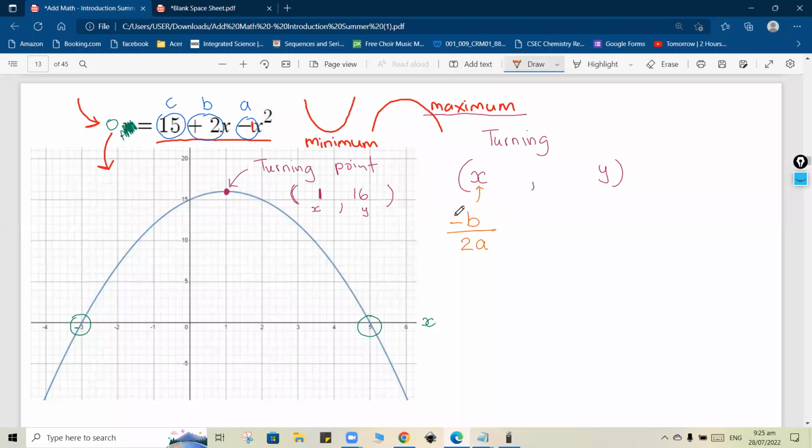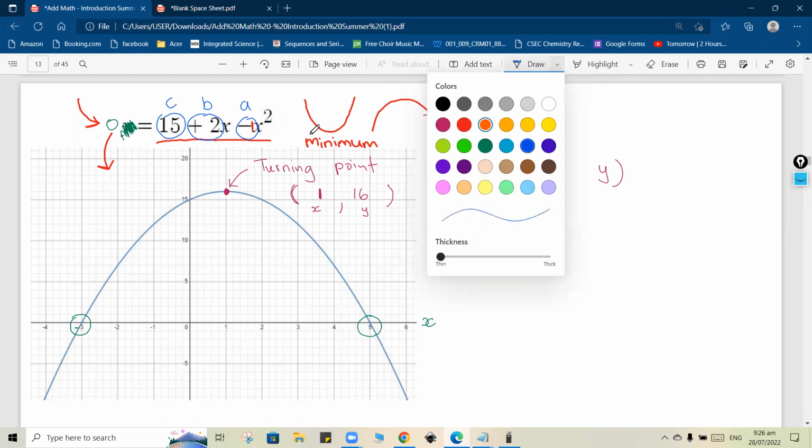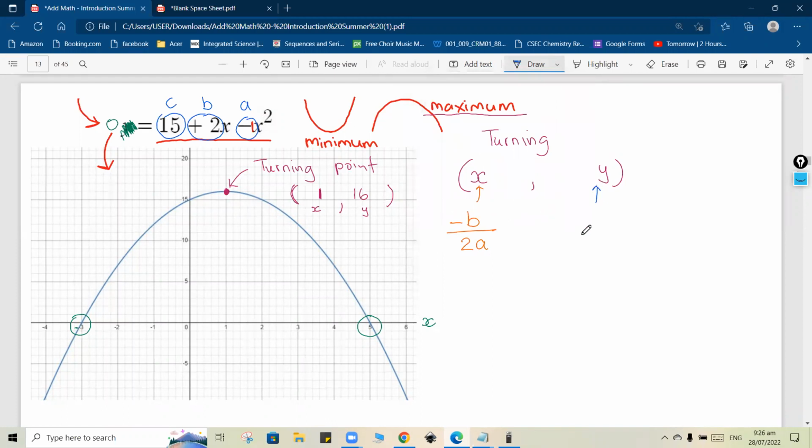So 2 minus signs sometimes is touch to give you a positive. To calculate the y coordinate, you use this scary looking formula: 4 multiplied by a and c minus open brackets b close bracket squared, and then divide the whole thing afterwards by 4a.